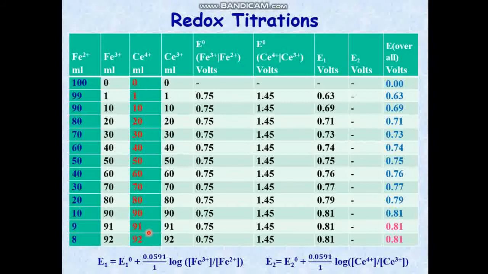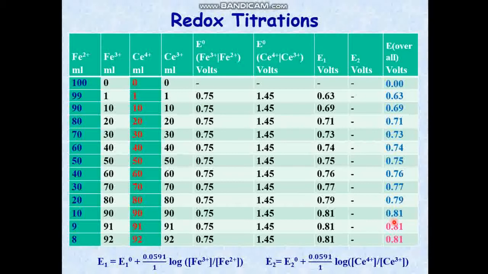But now I'll be adding 1 ml of cerium 4 plus at a time, because you will find by your calculation that the increase in the electrode potential will be at a somewhat higher rate than the previous ones. You find that from 80 ml to 90 ml, the change is 0.79 to 0.81, isn't it? So the change is 0.02.